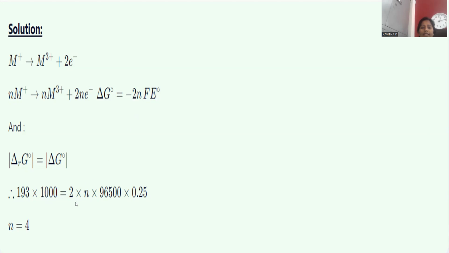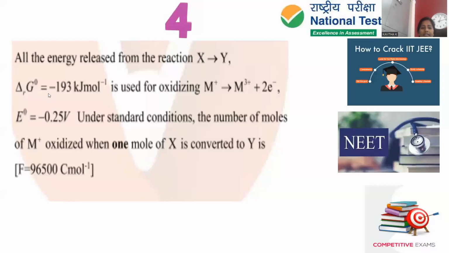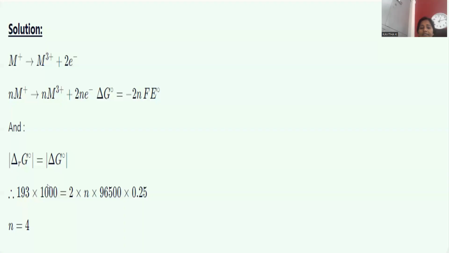2 can be taken as such. Here 193 is given with a negative sign, right? 193 has the negative sign convention. The equation also has the negative sign convention, that is the minus of 2N Faraday and E naught, so the negative sign on the right and left both get compensated.